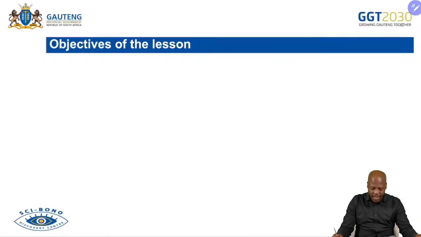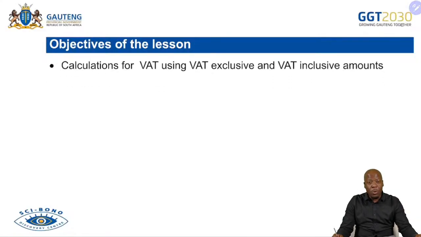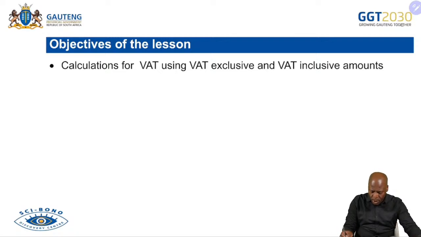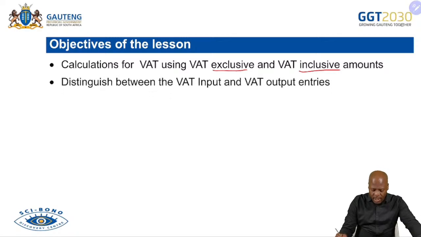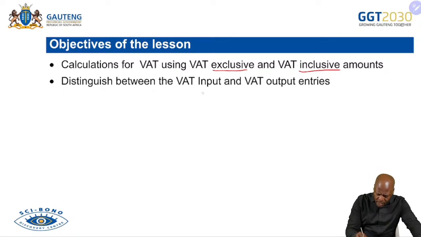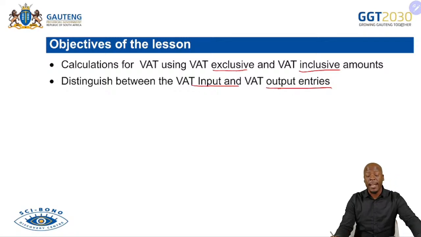In today's lesson, I intend to further calculate amounts on VAT. My calculations are going to be focusing on my VAT exclusive as well as my VAT inclusive amounts. I will also be distinguishing between my VAT input as well as my VAT output entries.